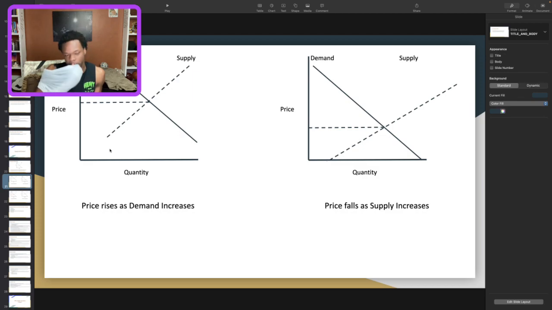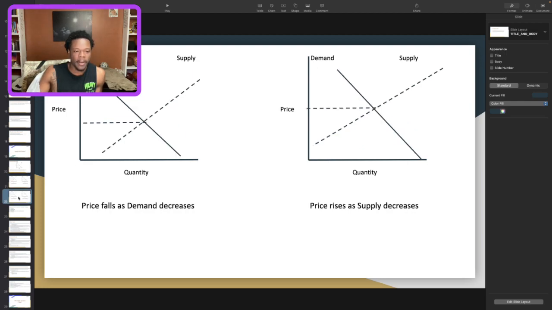The price would fall. It'd be a cheap shoe, but at the same time there would be more supply of that shoe. Going into, let's say for example, if demand decreases, then that means the price will fall, right? But if supply decreases, then that means the price would rise.